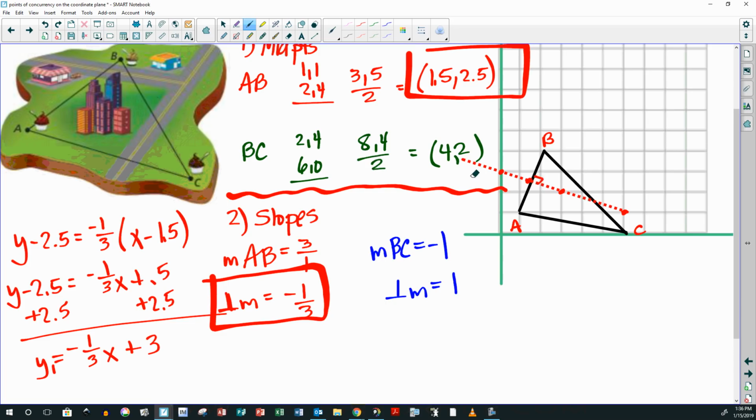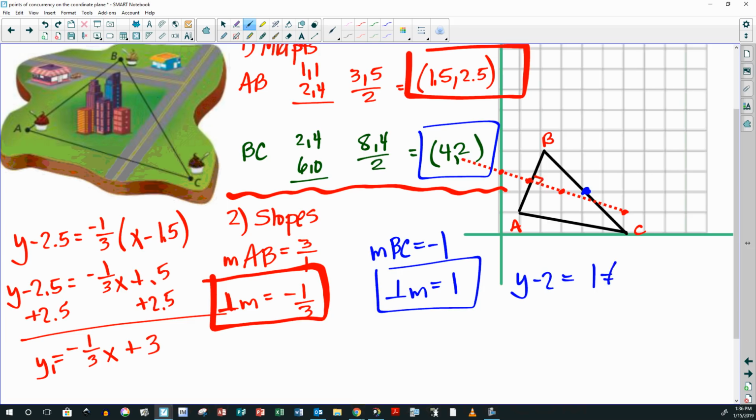So (4, 2), so 1, 2, 3, 4, 1, 2. So here's the midpoint of BC. Now I need a perpendicular line that goes through that. So I'm going to do the same thing again, this time with this slope and this point. So y minus 2 equals 1 times x minus 4.